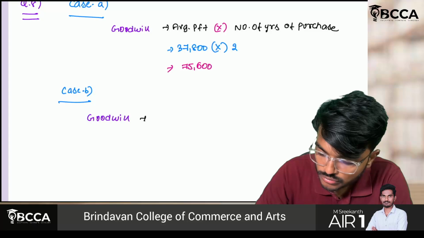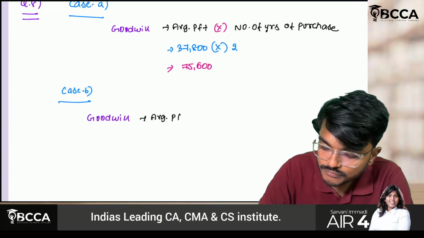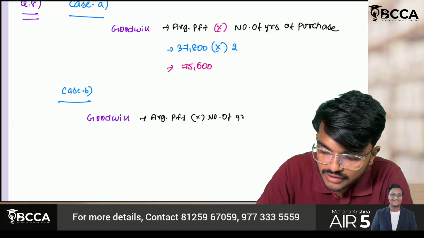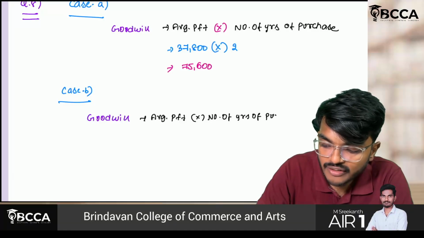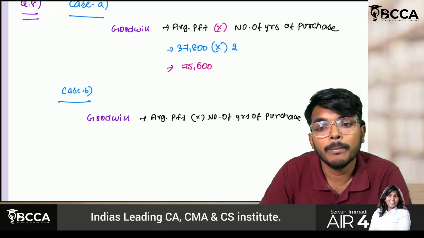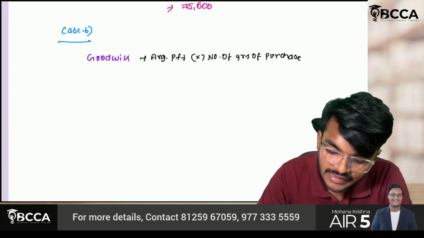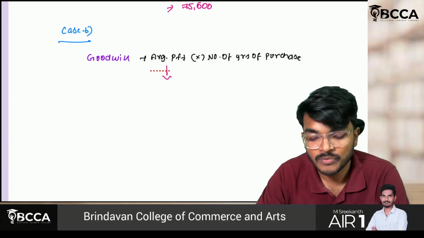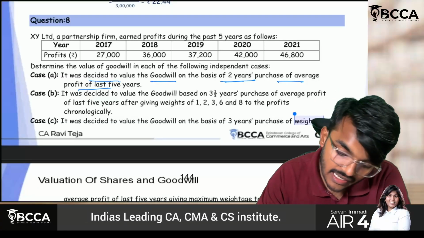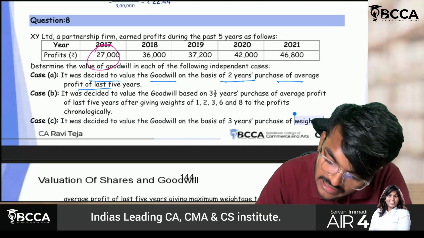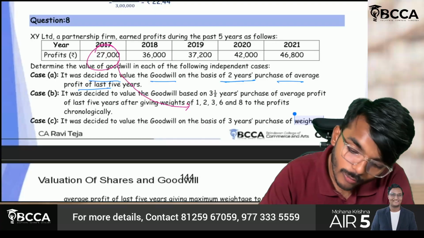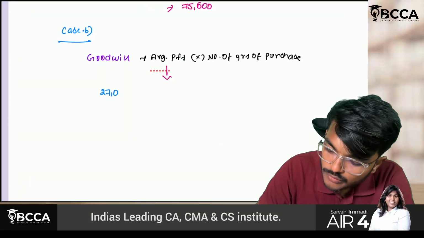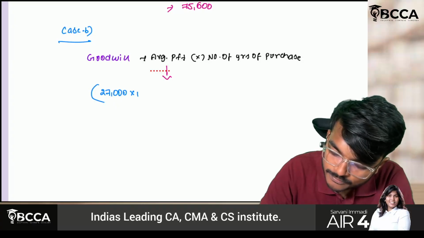Goodwill equals average profit multiplied by number of years of purchase. But this time, while calculating average profit, we are calculating the weighted average profit. How will I get it? 27,000 should be multiplied with 1.